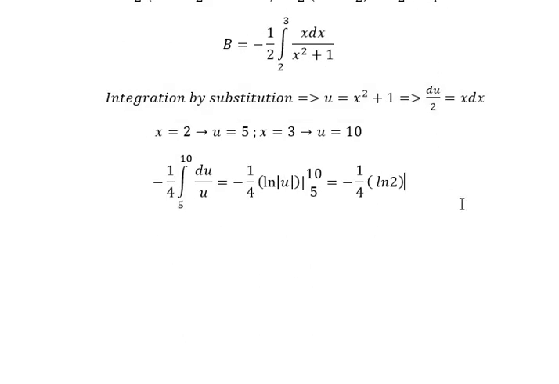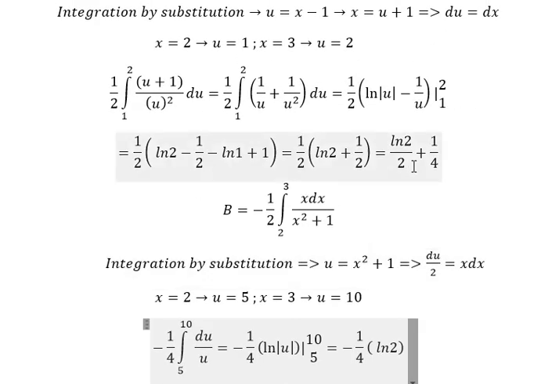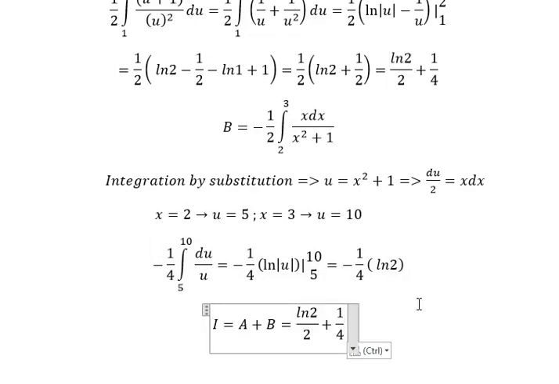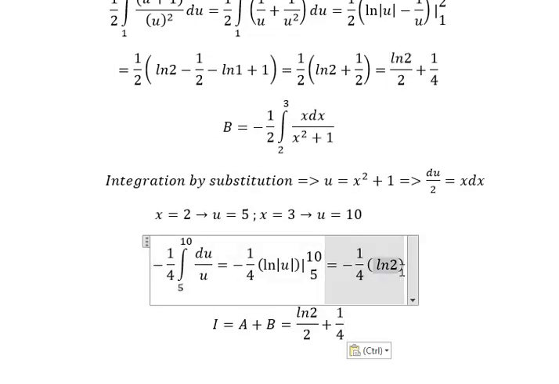And now we combine the answer. Capital A, we got about this one. Capital B, we got about this one.